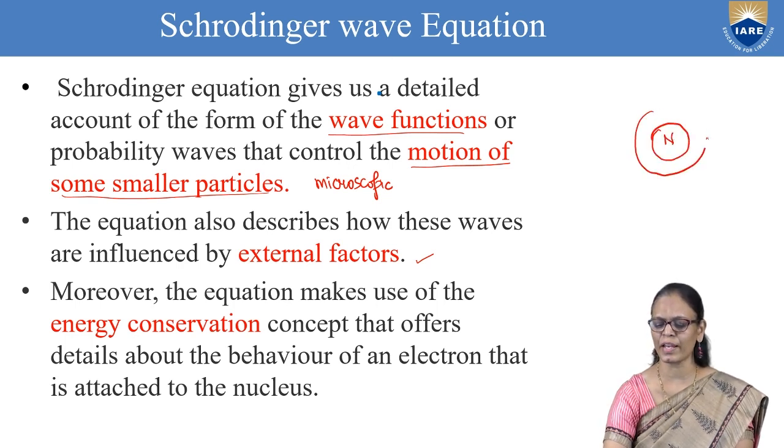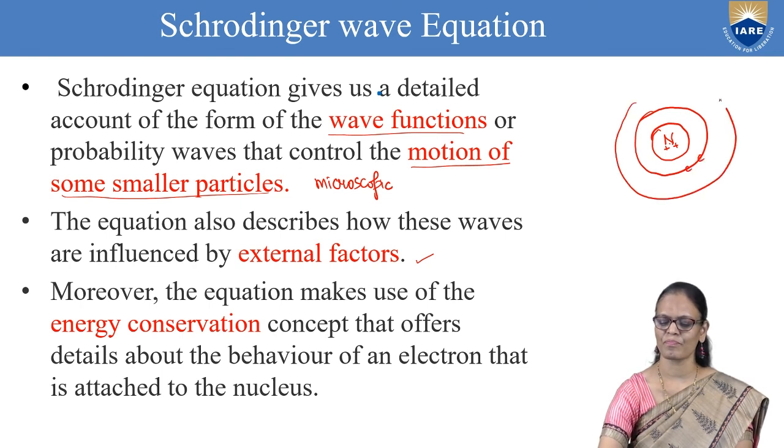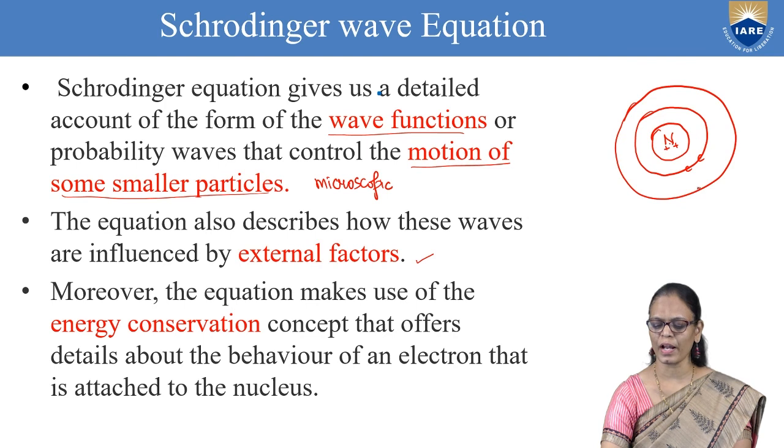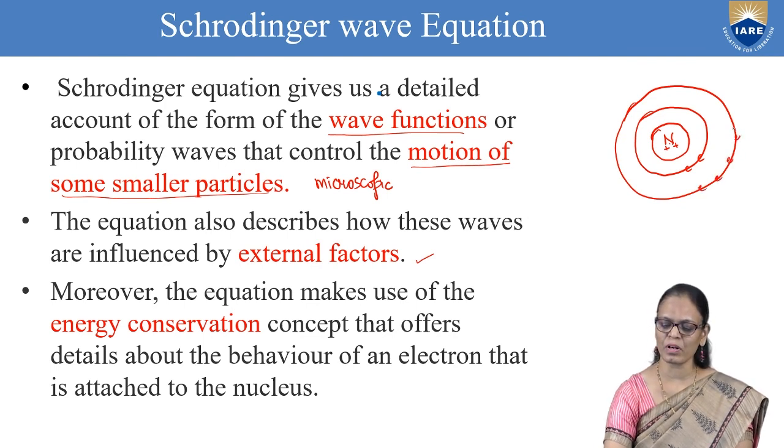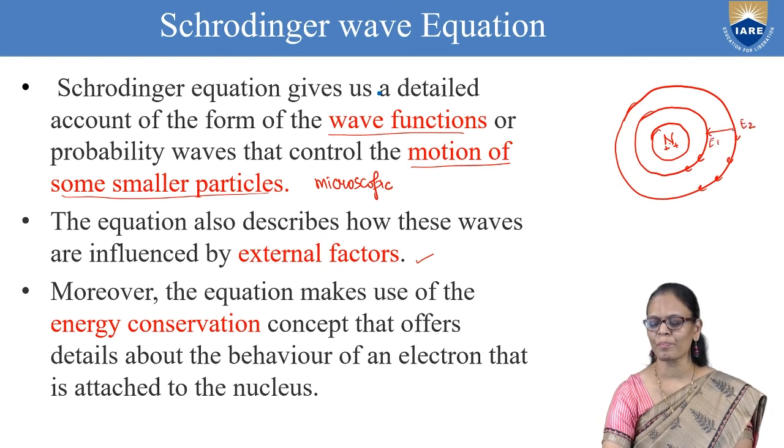If this is the nucleus, you have electrons revolving in fixed orbits. This is one, and you may have electrons here. Now, when an electron jumps from here to here, or comes from a higher level to a lower level, if I say this is E1 and this is E2, because it is coming from a higher level to a lower level, the difference in energy has to be emitted.